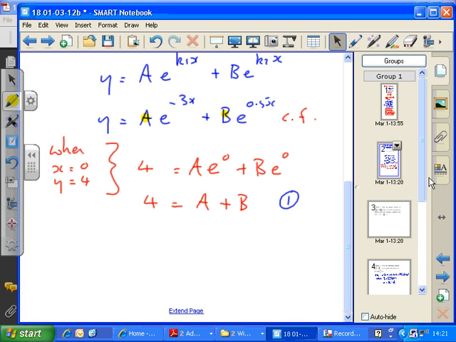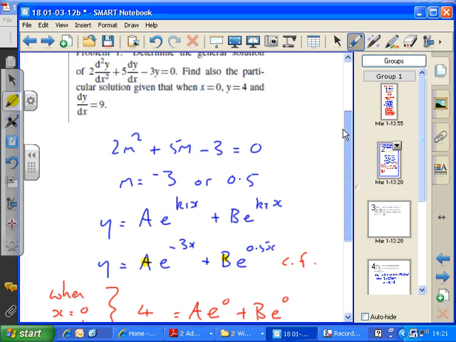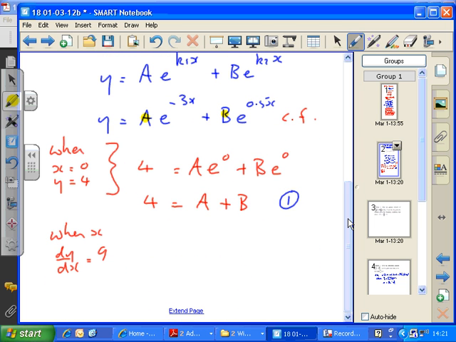We've got two unknowns, A and B. We need another equation to try and find them, so we use the other set of initial conditions. When x = 0, the differential equals 9, I think it was. Yeah, the differential equals 9.